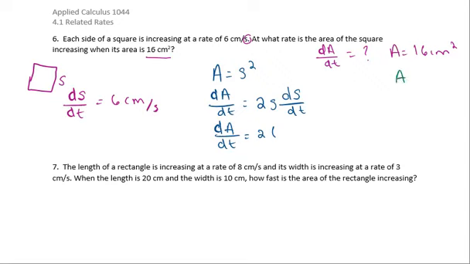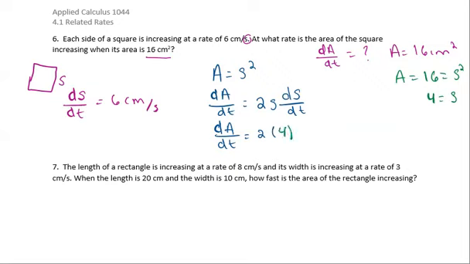We know that the area is 16, and that is s squared. If we take the square root of both sides, the area of the square is 16, so the length of the side is 4. We don't need the negative because we can't have a side length of negative 4. So just 4.